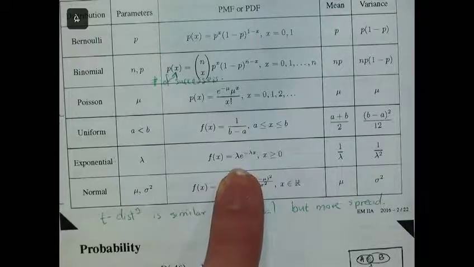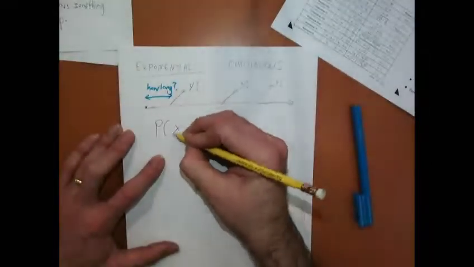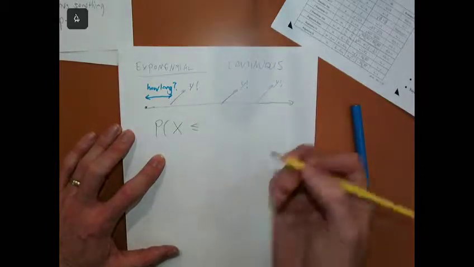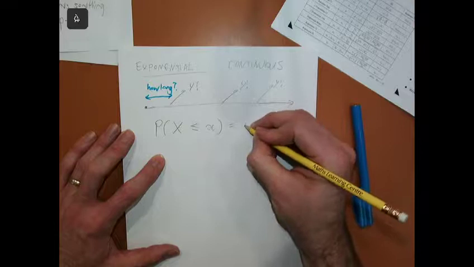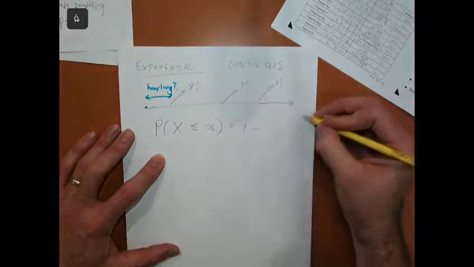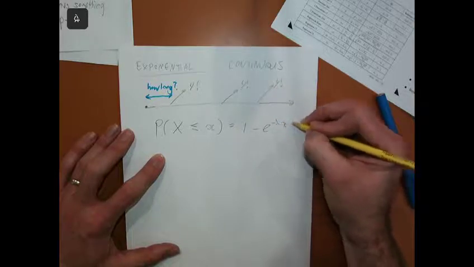And that is something that you can add to this the moment you're allowed to write on your paper. The probability that your x is less than or equal to a specific value, a little x, is 1 minus e to the minus lambda x.